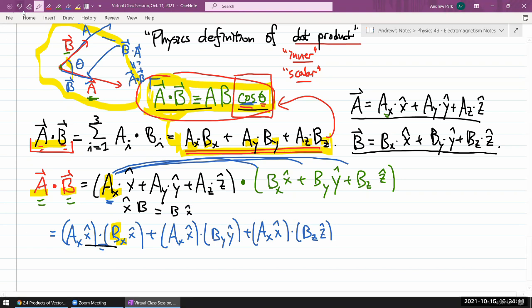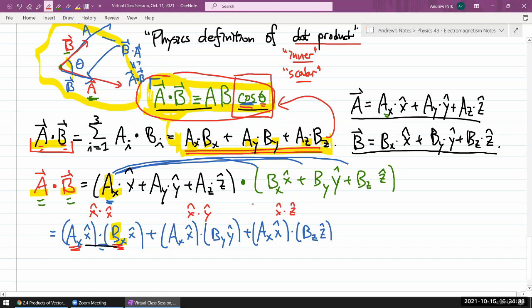That doesn't change anything. So I can imagine pulling these coefficients out and combining them with the first coefficient. With this dot product, really what I'm working out is x hat dot x hat, x hat dot y hat, x hat dot z hat.